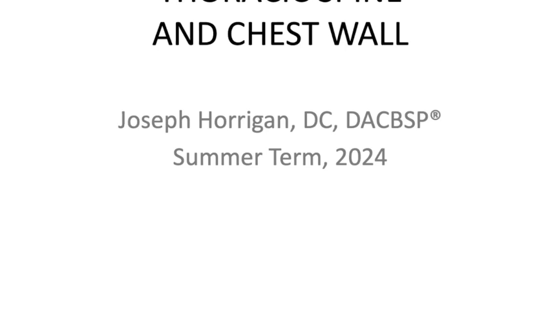If metastatic lesions are suspected or confirmed, utmost caution must be exercised during physical examination, manipulation, rehabilitation, or mobilization techniques. Applying excessive force or pressure in the presence of metastatic bone lesions can increase the risk of pathologic fractures, potentially exacerbating the patient's condition.